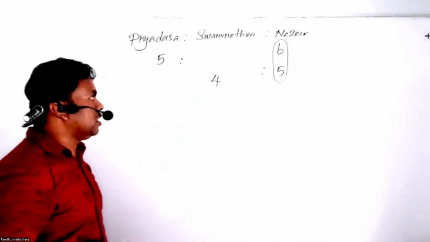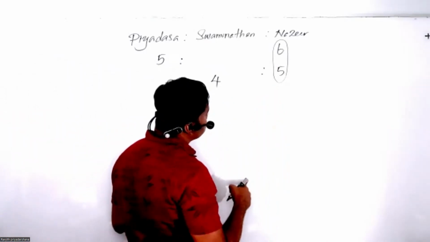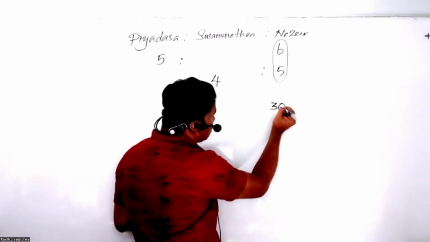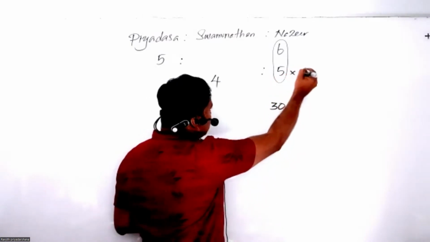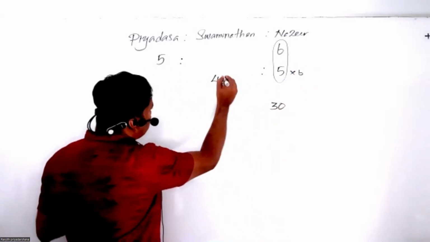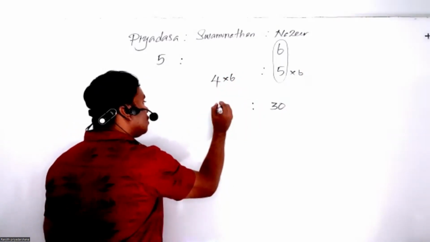Okay, here we have to get the equivalent ratio. So we have to take the least common multiple of that. What is it? 30. If you want to make this 5 into 30, you have to multiply it by 6. Then the associated 4 is also multiplied by 6, and you end up with 24.